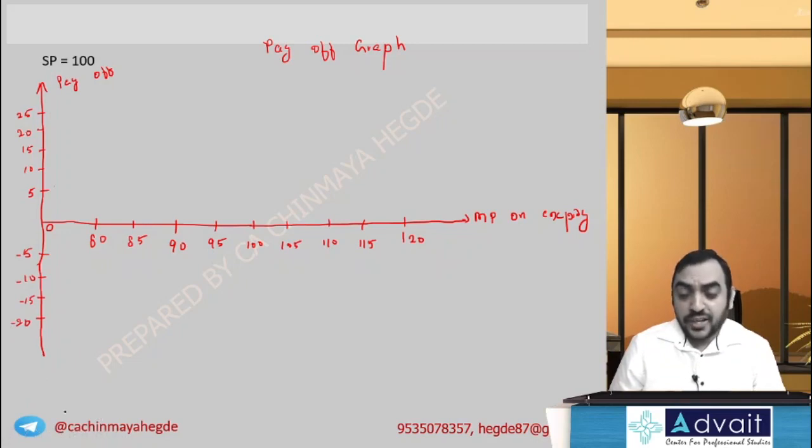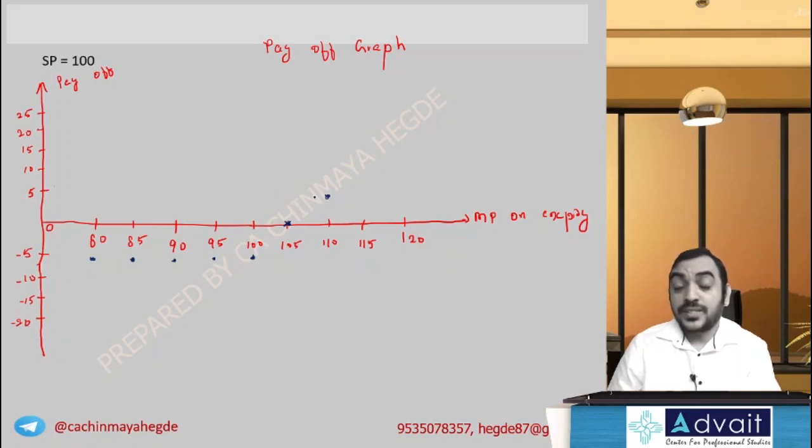Let's do it for the holder first. At 80 rupees, your loss is limited to 5 rupees. At 85 also, your loss is minus 5. At 90, 95 and 100 also, minus 5. At 105, your loss becomes 0. At 110, your profit is 5.